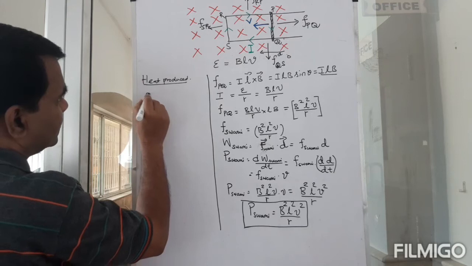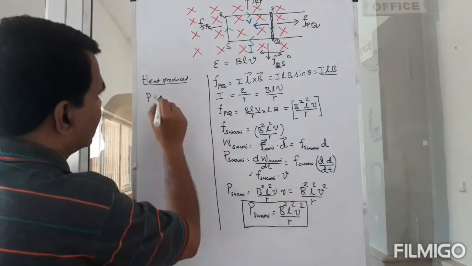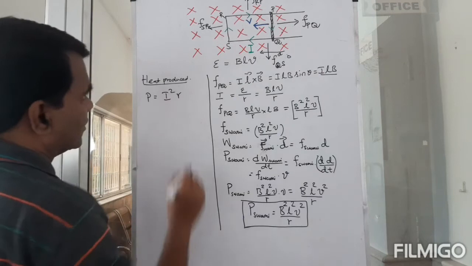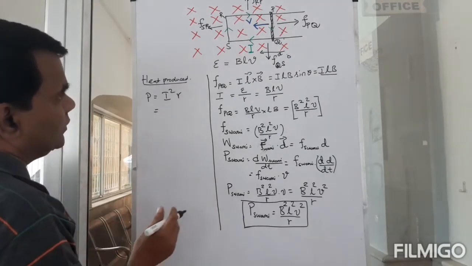So what is the power? It's equal to I squared into R, right? I squared into R.